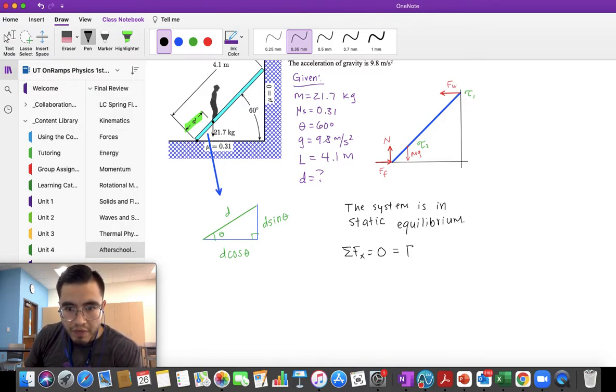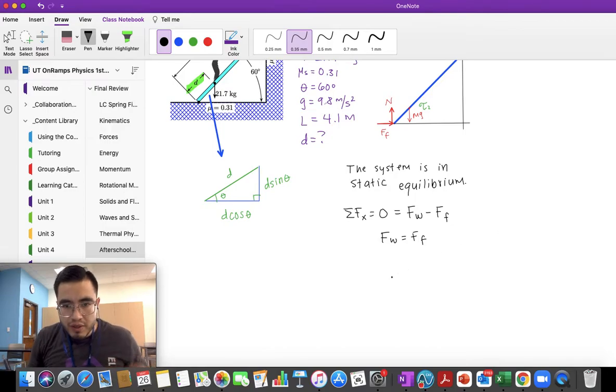So we have force of the wall minus the force of friction as they have opposite directions. And if we consider this part, 0 equals this, then we can move force of friction to the other side and have that the force of the wall is the same as the force of friction. There you go.